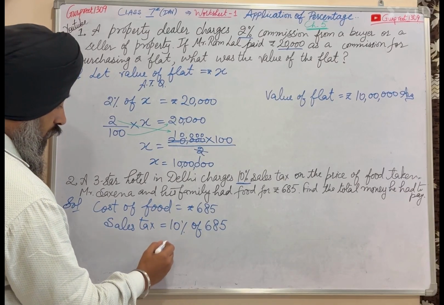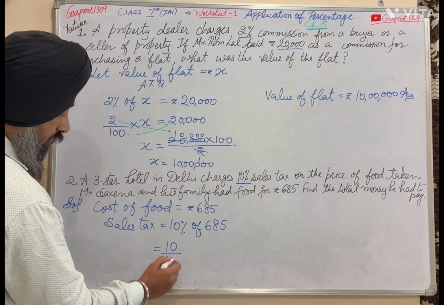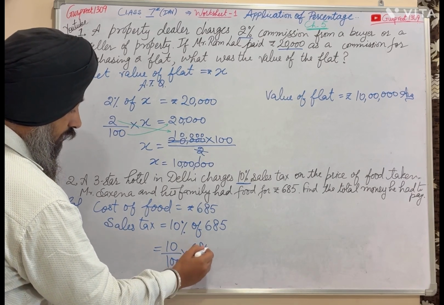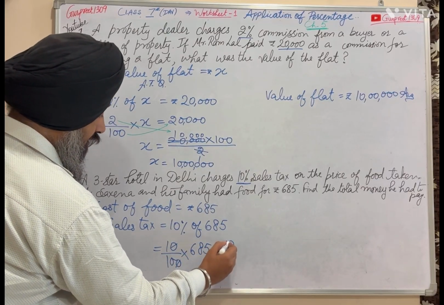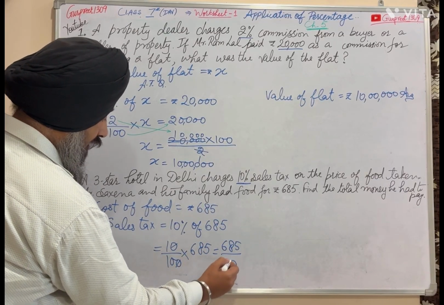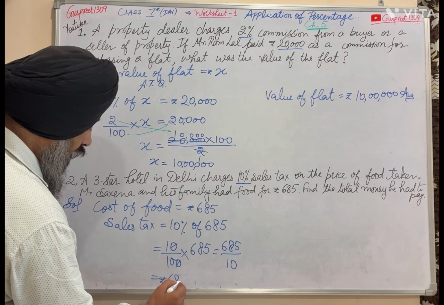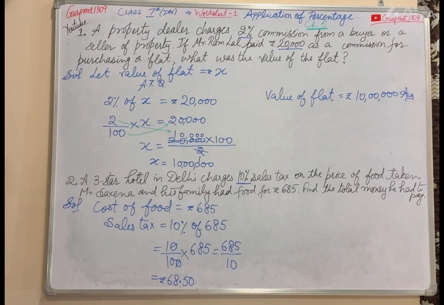Here the percentage sign will change to 100, multiply by 685, here it cancels, so we get 685 upon 10. This becomes rupees 68.5. We will apply a 0 because it's 50 paisa.